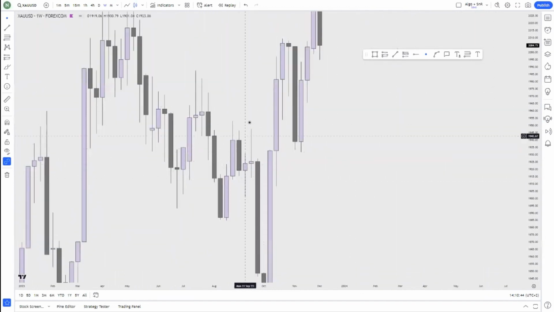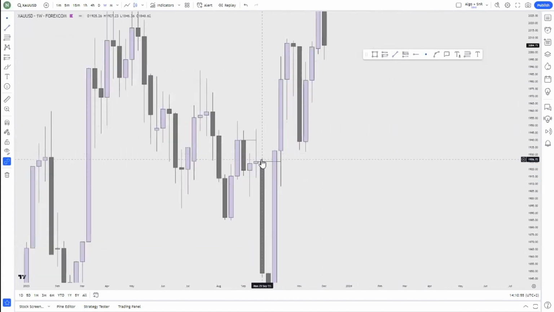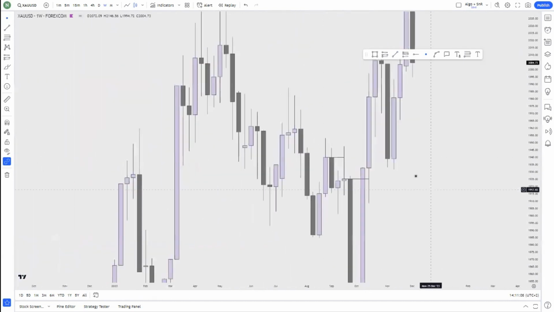Can you mark out your support or resistance? You can see that this was a resistance, but this resistance failed toward right here. The market closes just above. Then you see the market pulling back, rejecting this support, and starting to push to the upside. That's what we call a break and retest.